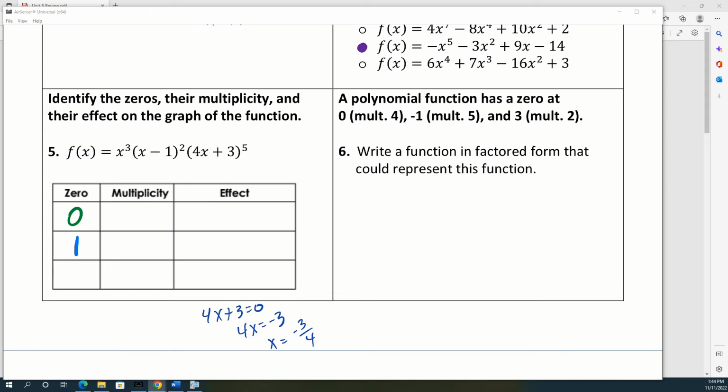Or we can still do the opposite and have that negative 3, but because there's a number in front of x, we would need to divide by it, or put it in the denominator on the bottom. However you need to do it, you'll need to figure out a way to find the 0 when there's a number in front of your x. And then for the multiplicity, we just go through and write down the powers for each of those zeros.